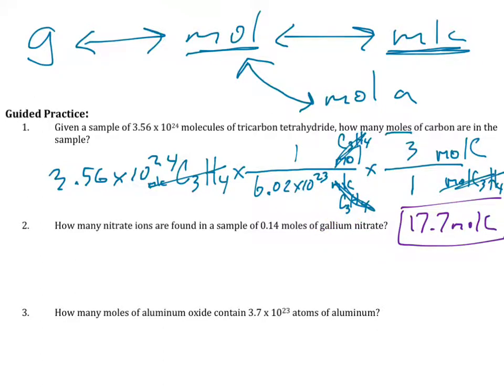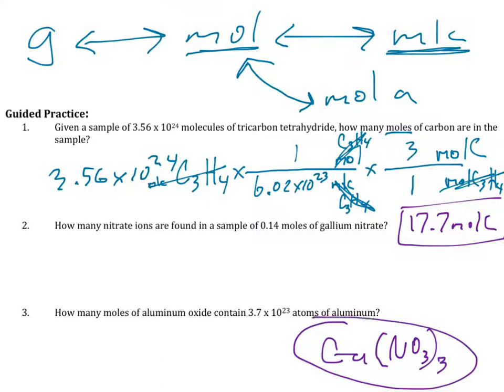So it's going to be this, where it's gallium. Now nitrate is NO3, so we have to put NO3 there. But again, it's a 1 to 3 ratio, so we should have 3 nitrates. And that's going to be our formula there. Now notice for every one of these, we have 3 nitrates. So that means for every 1 mole of this, we have 3 moles of nitrate.